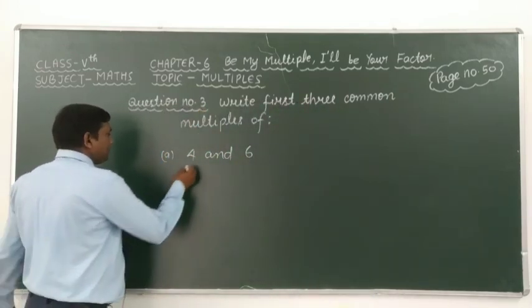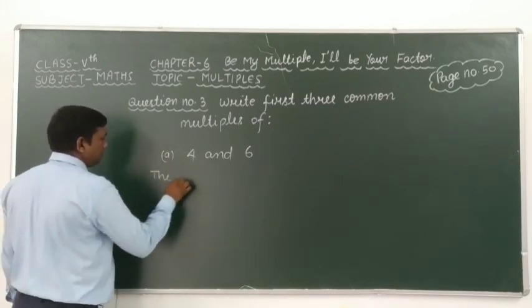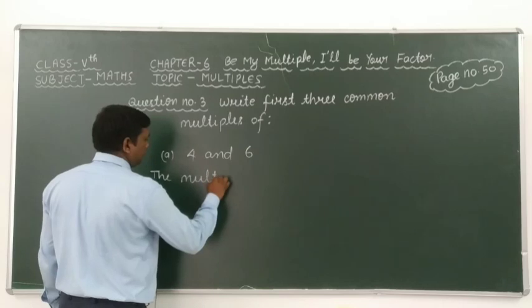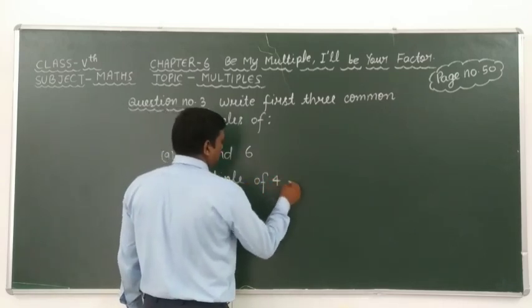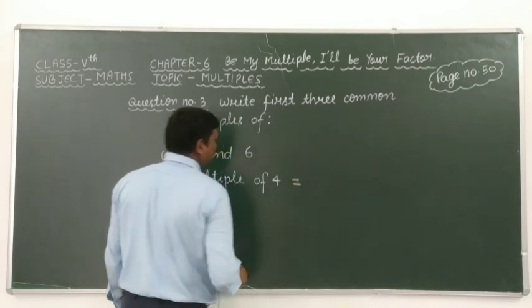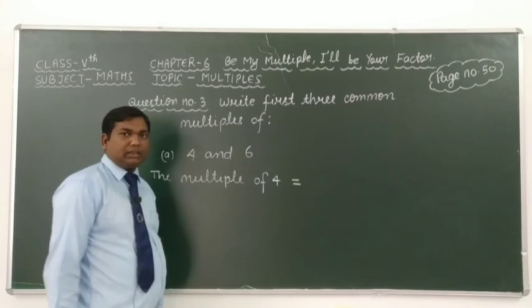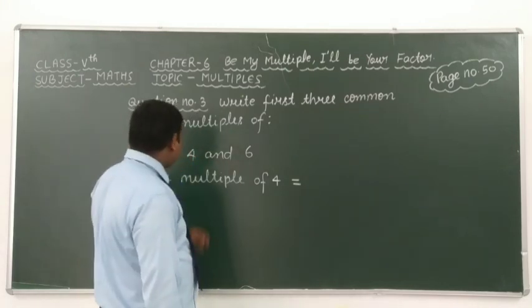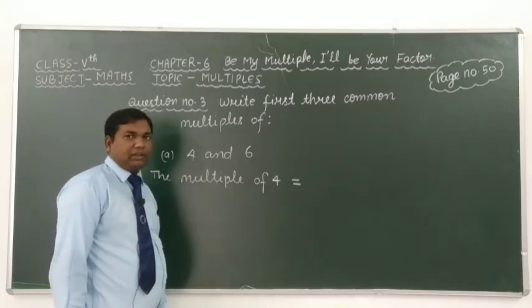Look at here carefully. The multiple of 4 is equal to, students, we know that if we take the multiplication of 4 by any number, then we get its multiple.